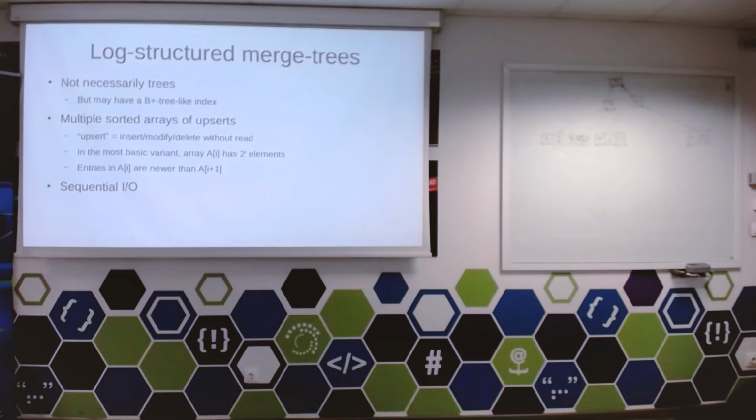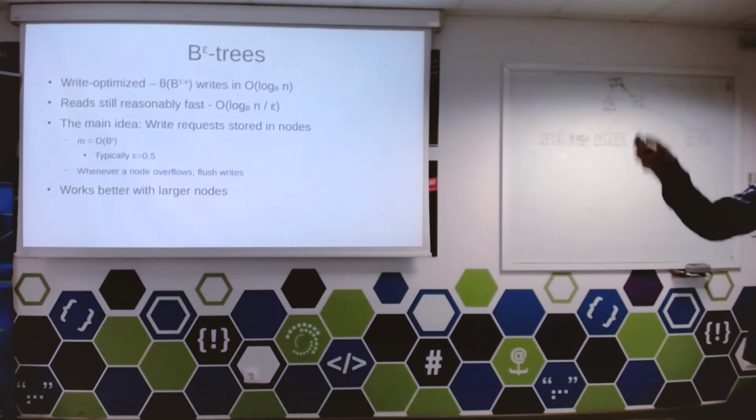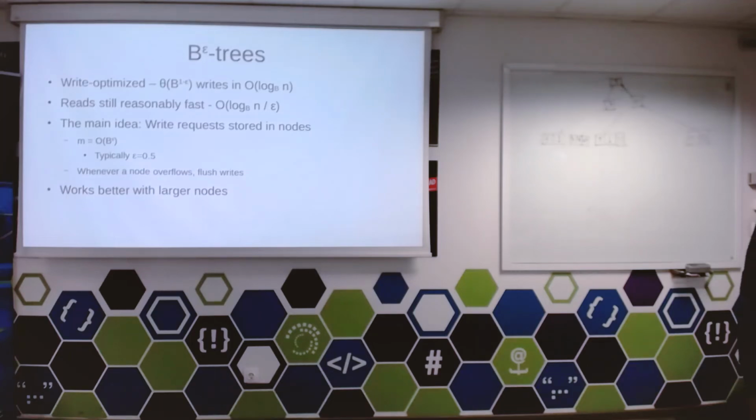You do have a terrible trade-off, in the sense that lookups are really, really slow. Well, that's why there's another data structure, the epsilon trees.